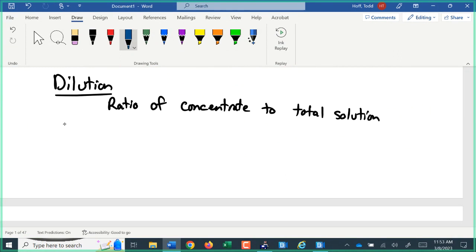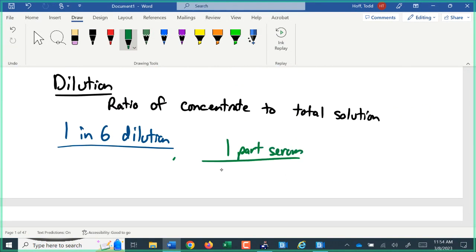So if I have a 1:6 dilution, what that is saying is we have a ratio of 1 part serum, the concentrate, to 6 parts of total solution. That term parts just means it's the same units from one to the other. That could be milliliters, milligrams, fluid ounces, some unit of measurement that is consistent between the two substances.